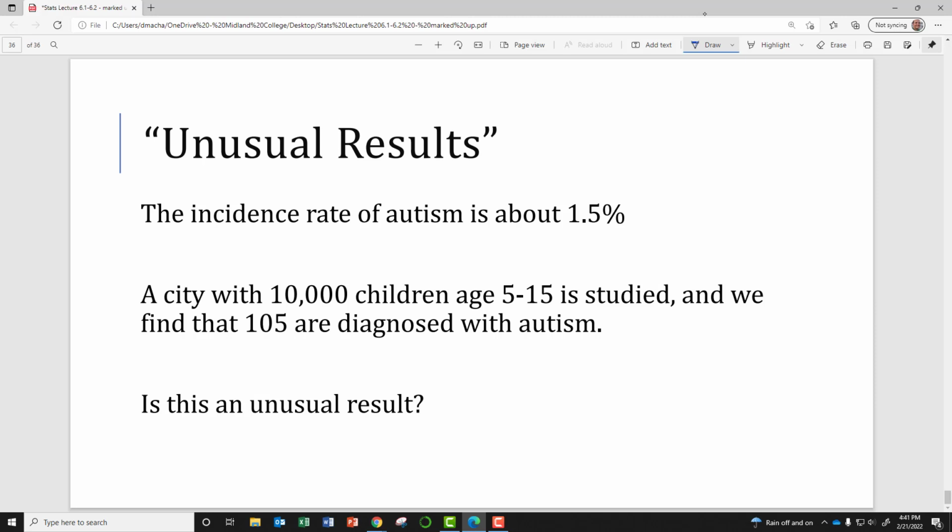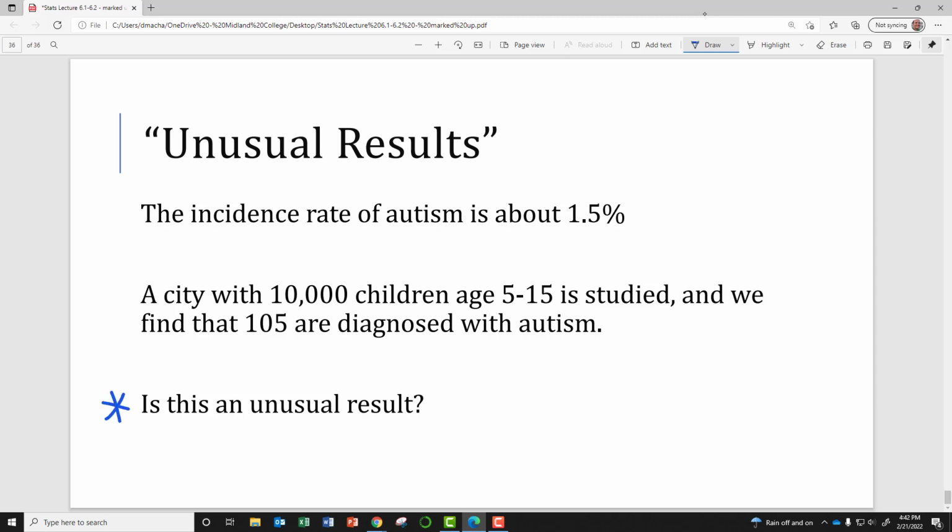Now, if you come across a city that has 10,000 children between the ages of 5 and 15, and you look at this population of children in the city, and you find that 105 are diagnosed with autism, we might ask, is this an unusual result?